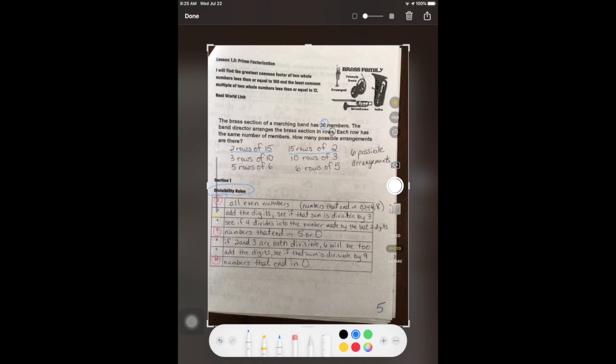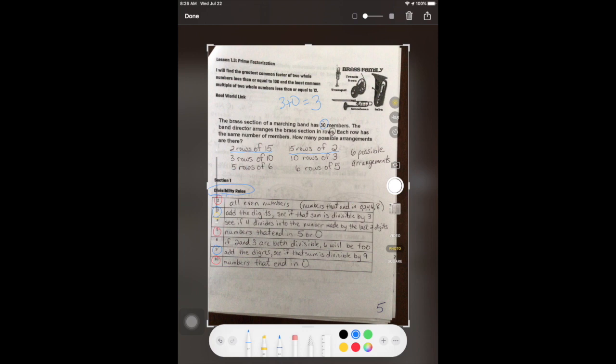Okay, let's go to the 3 rule. The 3 rule and the 9 rule are very similar. So with the 3 rule, you add the digits of the number you're looking at. For 30, I add the digits 3 and 0, and I will get 3, right? And then I just see if 3 divides into 3. Well, of course it does.